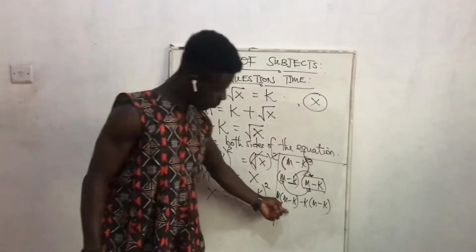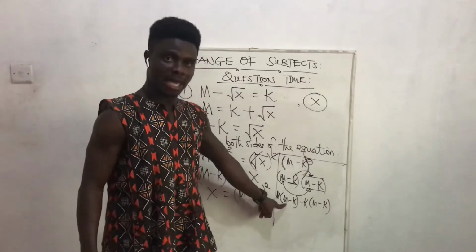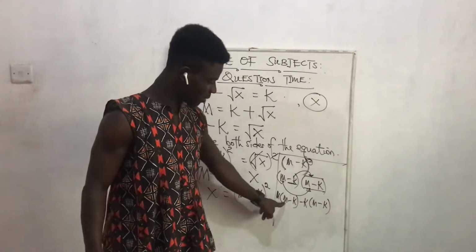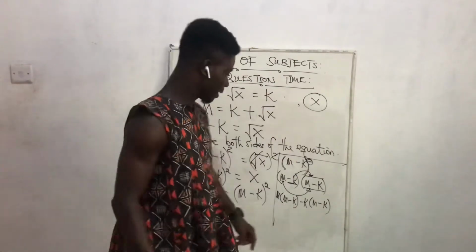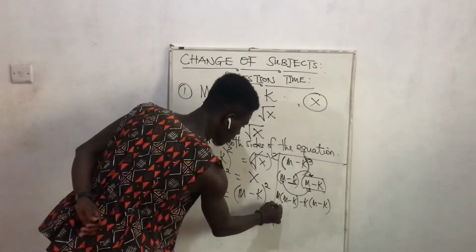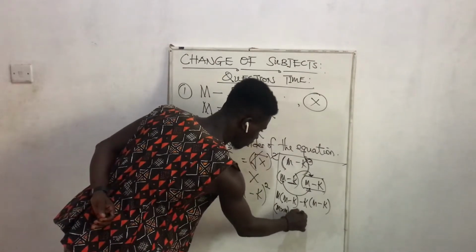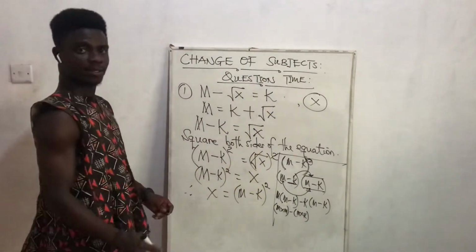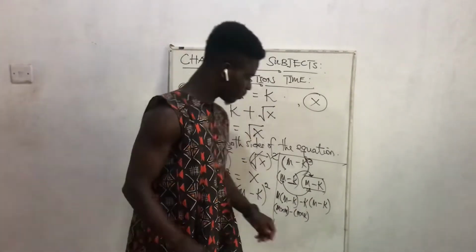So now I can open the bracket here, right? Which is what? m is multiplying. You can expand the bracket. m is multiplying m, and also m is multiplying minus k. So I have m multiplying m, then plus m multiplying what? k. Right? Alright. Then here, minus k multiplying m.